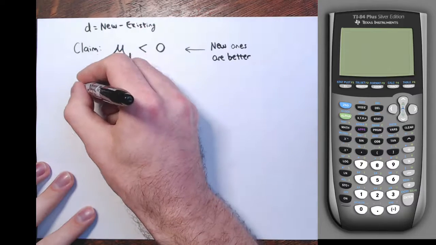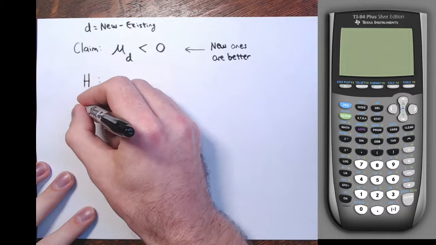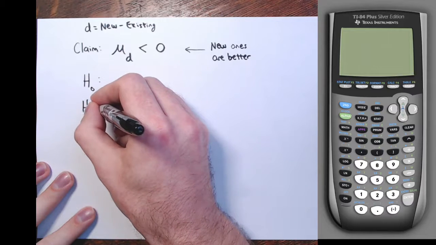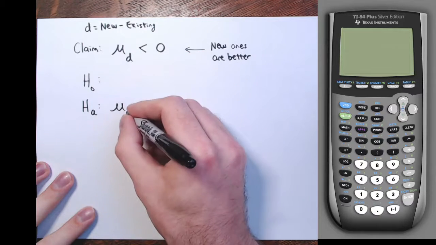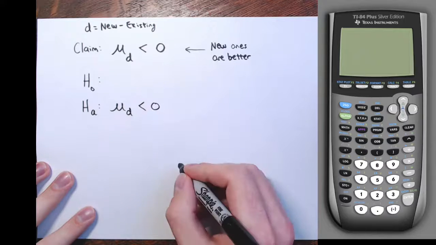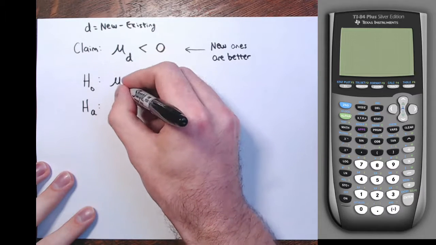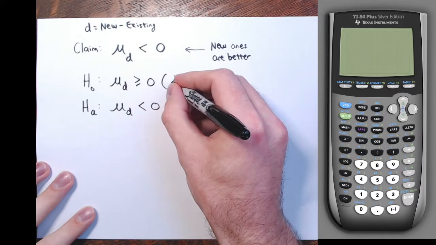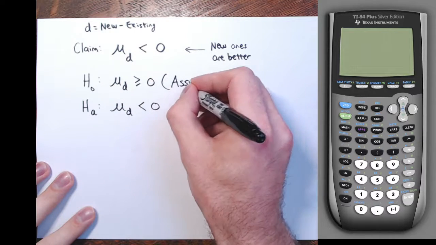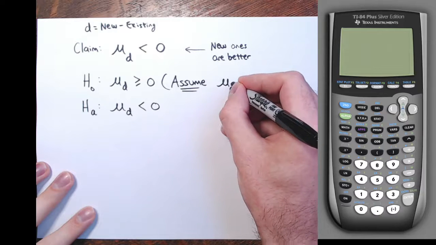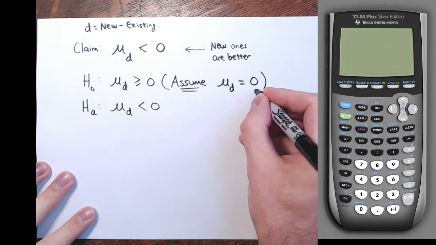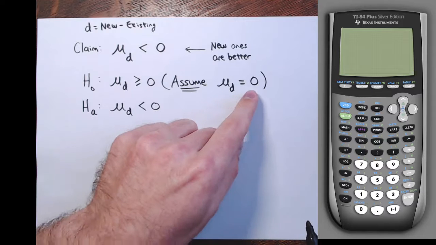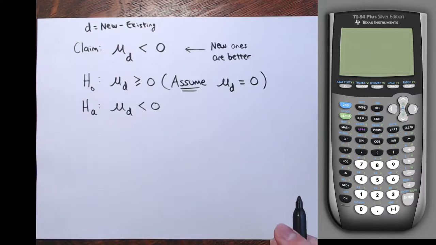Well, once a claim is established, you set up your hypotheses: null hypothesis, alternative. Now this would be the alternative, because it doesn't involve equality. And then the null hypothesis would be the opposite of that. But what you're going to be assuming is the equality part. This will be our null hypothesis: assume that there is no difference on average between these two sets of discs.